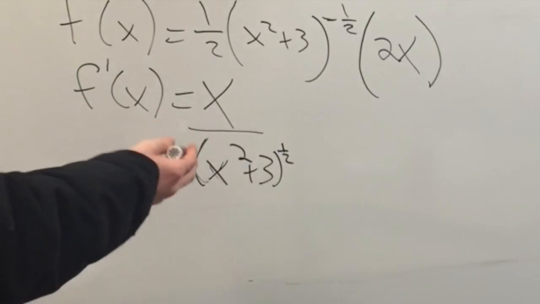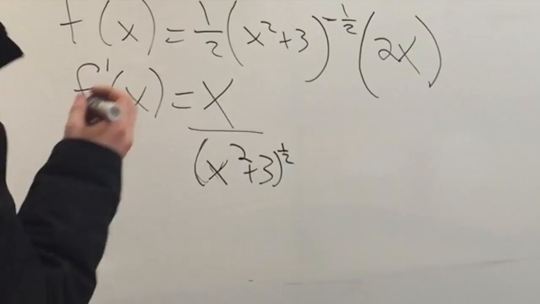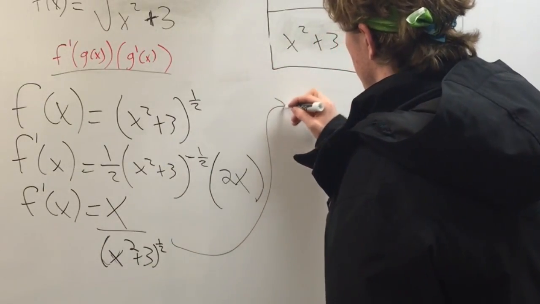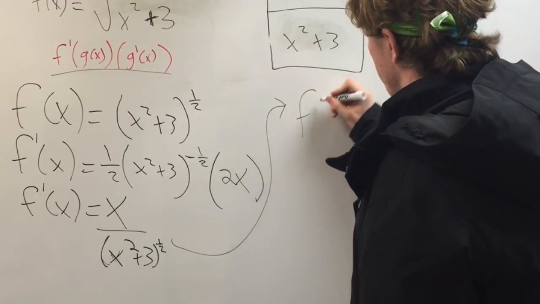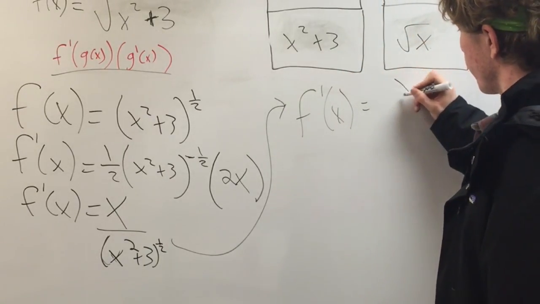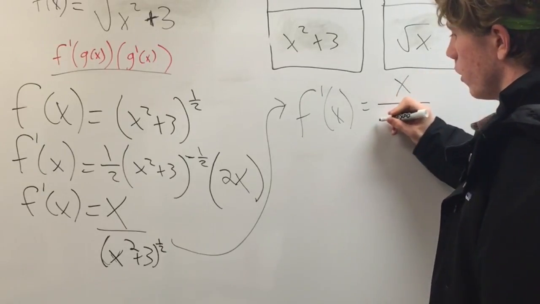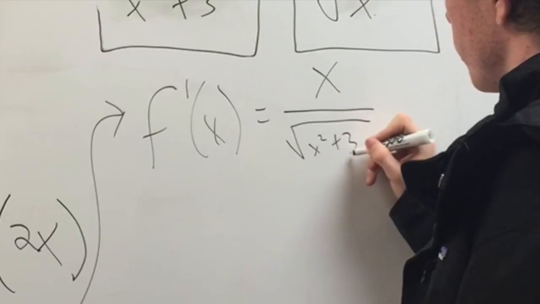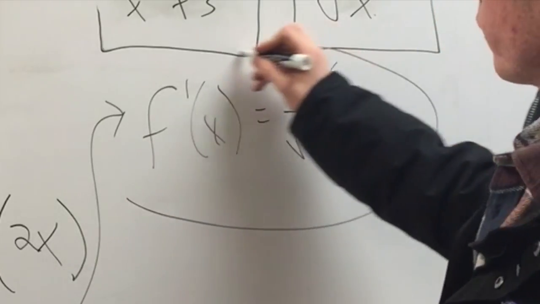Alright, there's your answer, and you can rewrite this now as f prime of x equals x over square root of x squared plus 3. And there is the derivative.